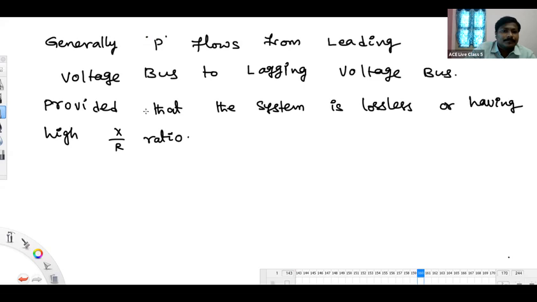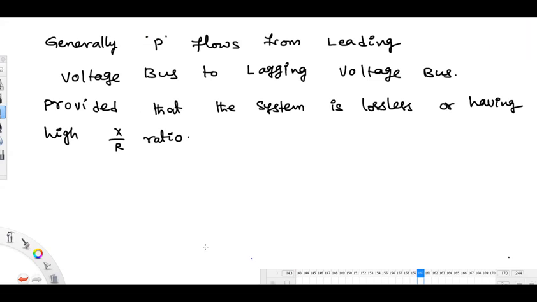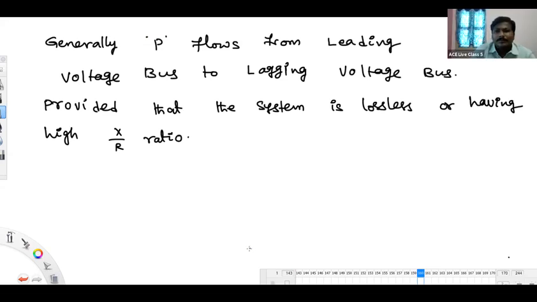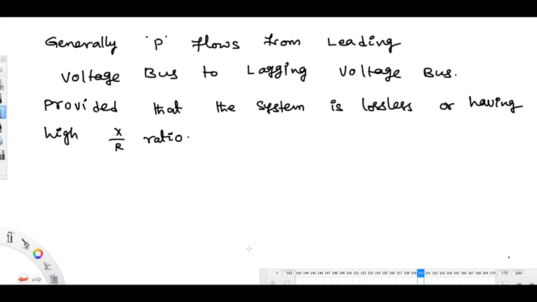Sir, I have a doubt on electrical machines, the power flow equation in the EF and VT form. EF means the field excitation and VT is the terminal voltage.